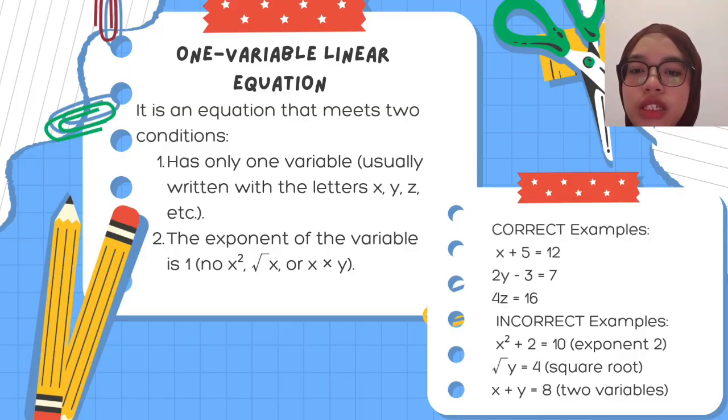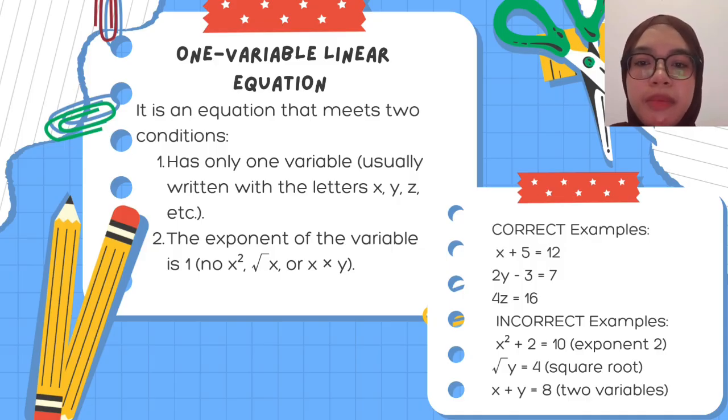One variable linear equation. It is an equation that meets two conditions. One, it has only one variable, usually written with the letter x, y, z, or another. Two, the exponent of the variable is one, not x squared, root x, or x times y, because this has two variables.